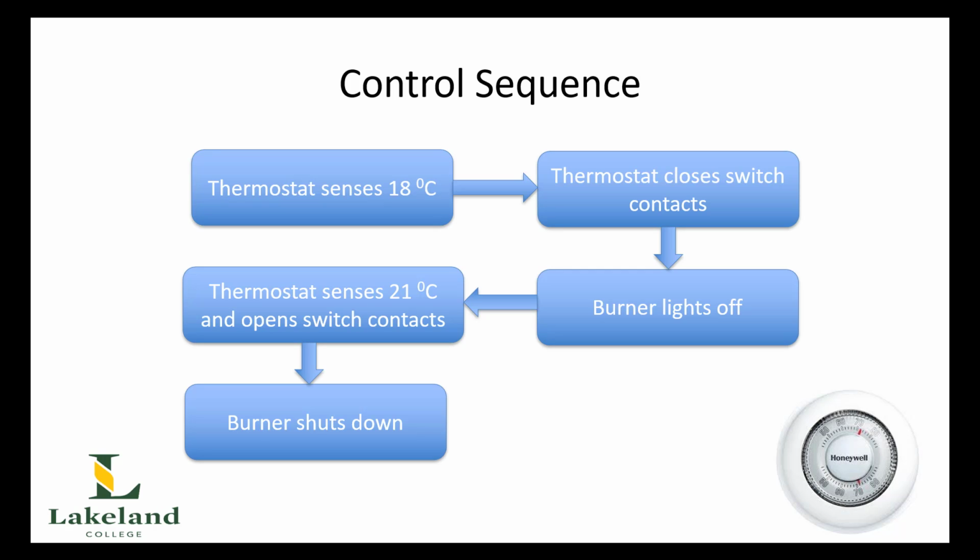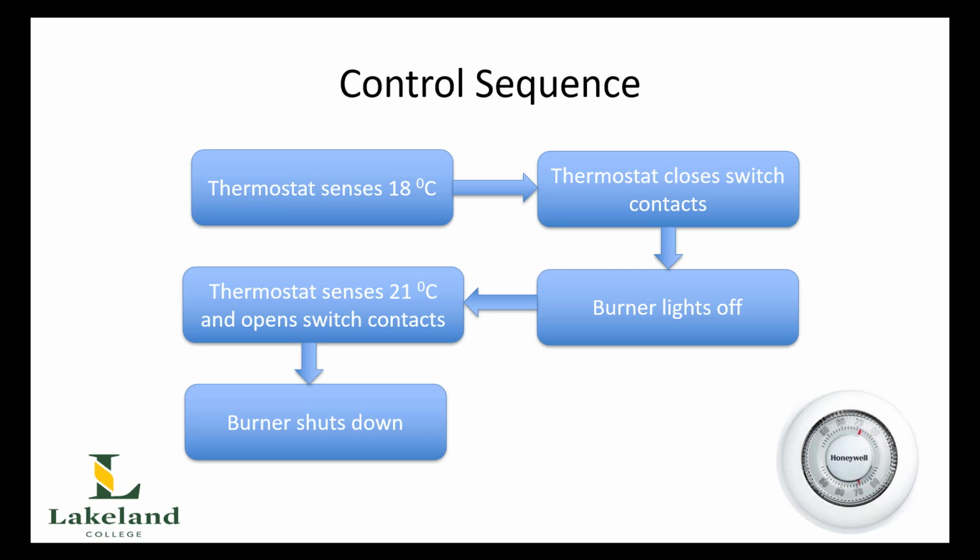In those first two steps, you can see that our thermostat is both a sensor, i.e. that which measures the process variable, air temperature, and it's also a controller, i.e. it saw that the temperature was less than set point, so it closes a set of switch contacts. So the thermostat here has dual function, sensor and controller.